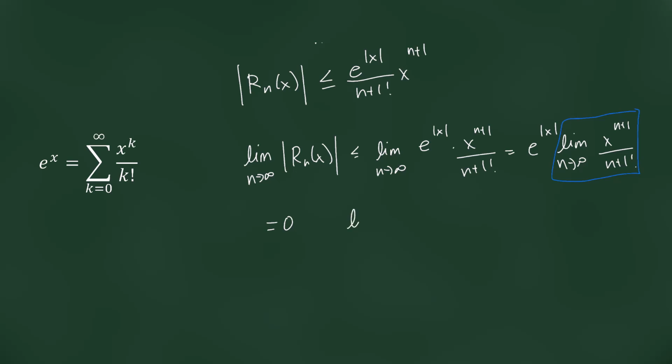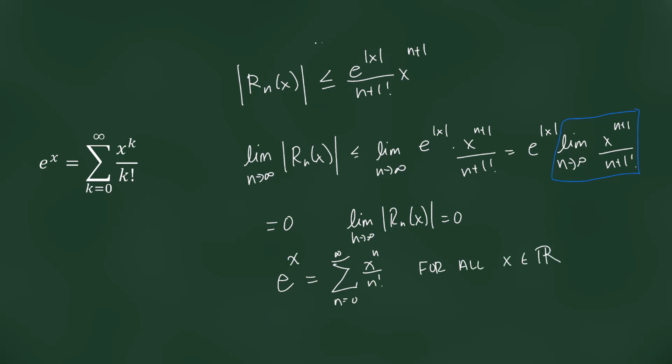So we now know that for all x values, the limit as n goes to infinity of the remainder of x is equal to 0, which means that e to the x is going to equal the sum from n equals 0 to infinity of x to the n over n factorial for all x that are real numbers.